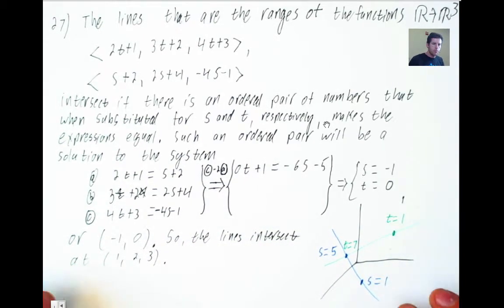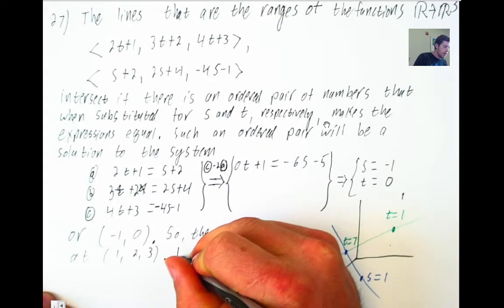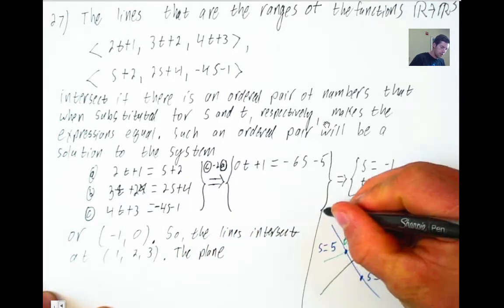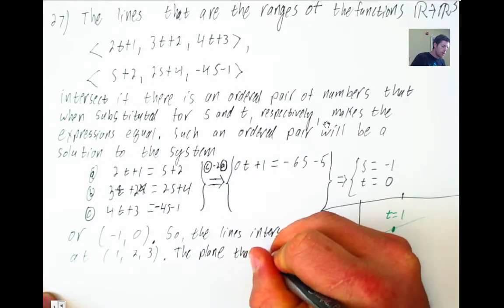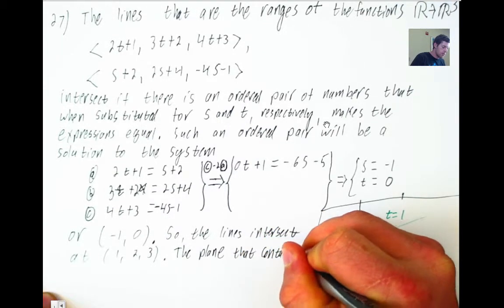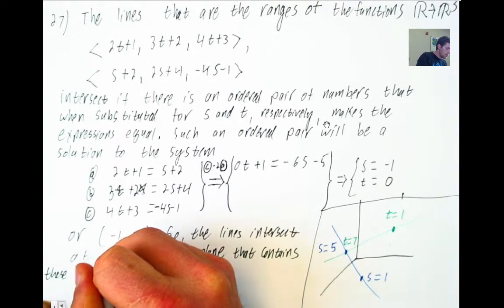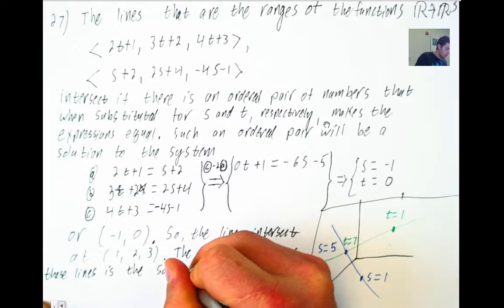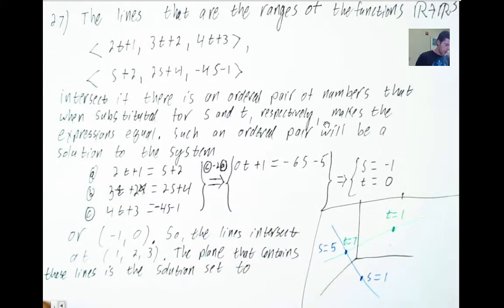Now I need to describe the plane that contains these two lines. Let me see. The plane that contains these lines is the solution set to, okay, so I need the normal vector dotted with an arbitrary point on there.